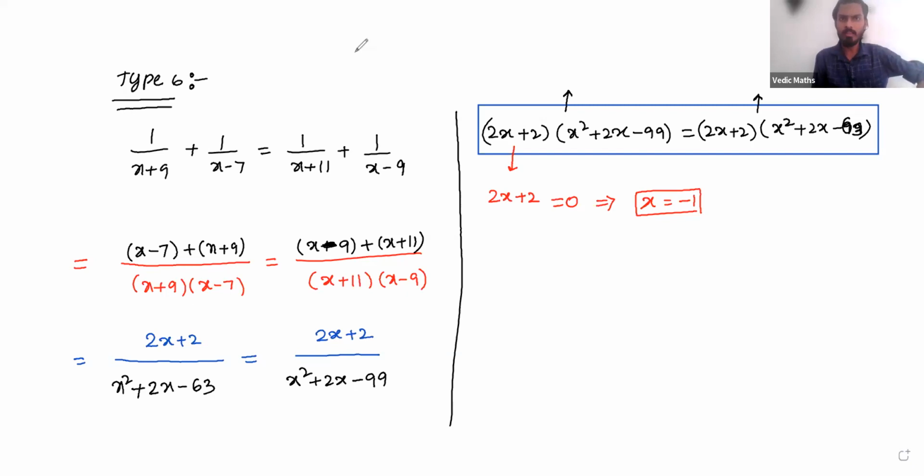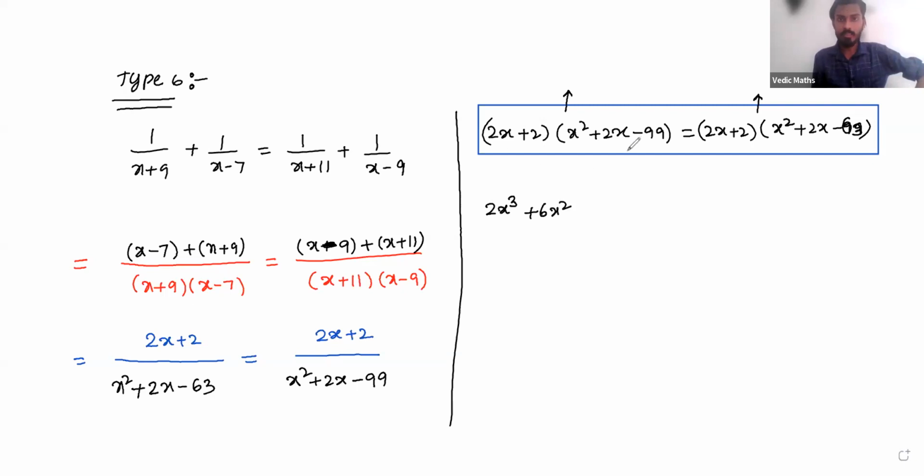Even though, let me try to solve it here. Total quadratic into linear. The product will be 2x cube. It is important for us to solve this, because we have to understand that. The next one will be 4x and 2x, that is 6x square.